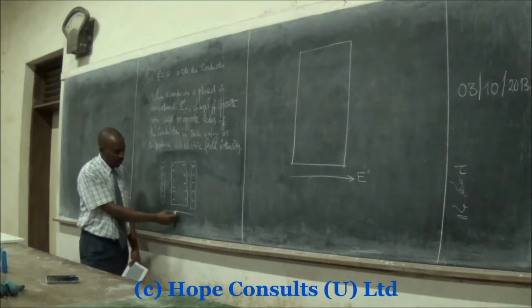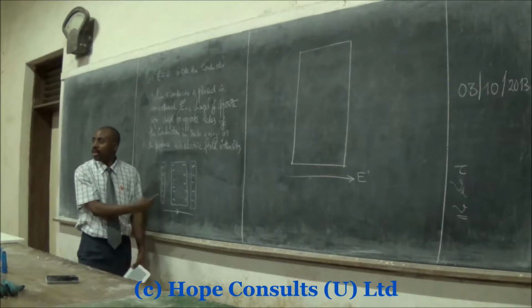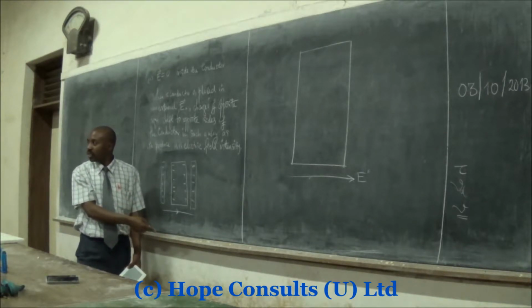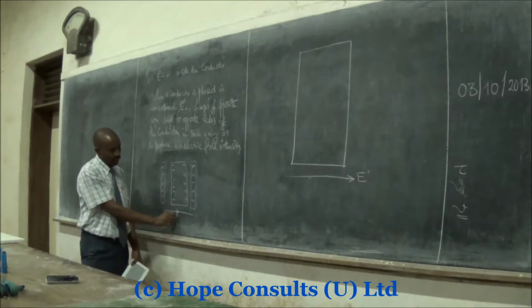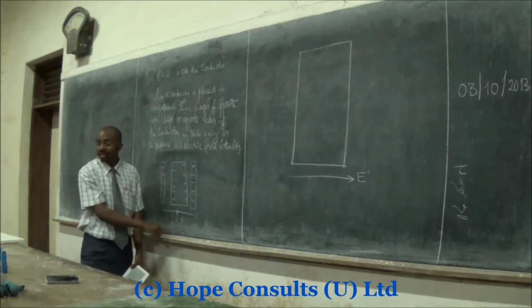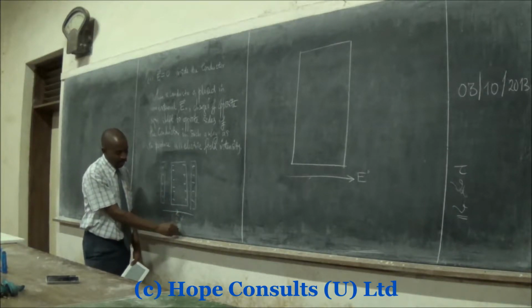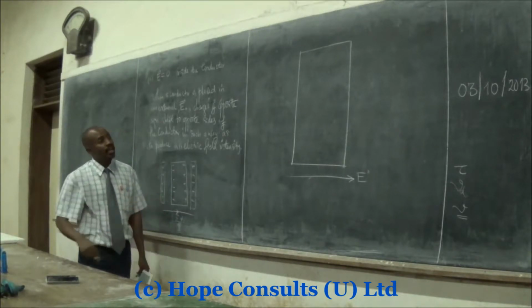Just like we did when we were working with orientational, ionic, and atomic polarizations, we did not draw the plates to show where we were applying the electric field E naught, but that is the concept behind it.